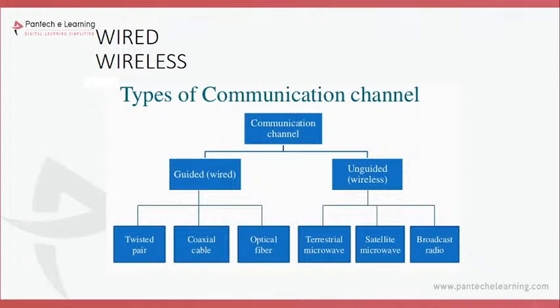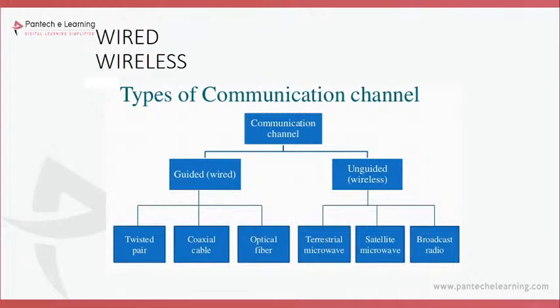Let me discuss types of communication. We have now discussed image processing, video processing, and antenna design. Now let me move to communication. Communication has two types: wired communication and wireless communication.